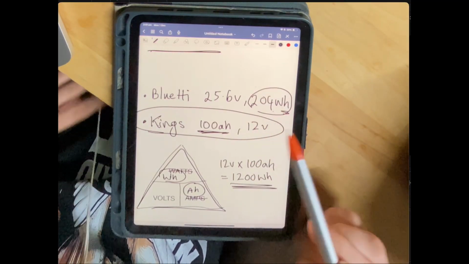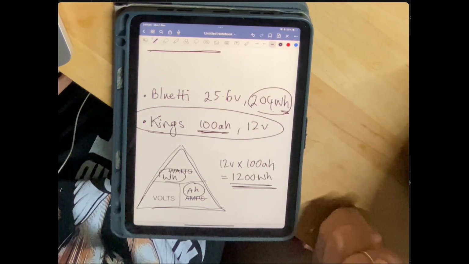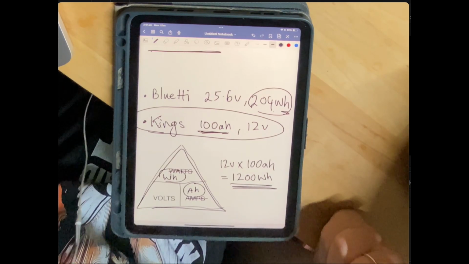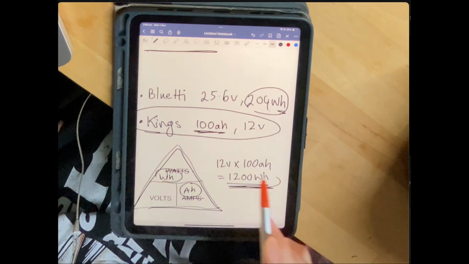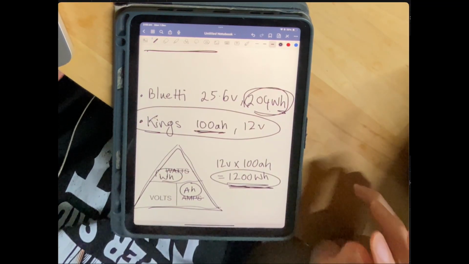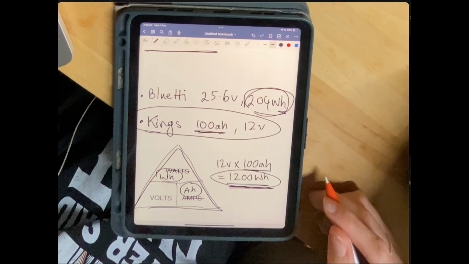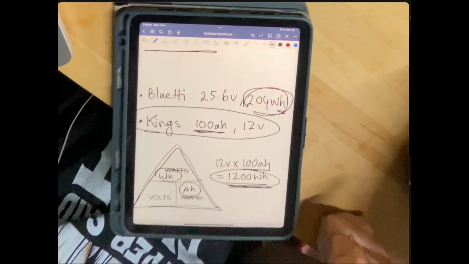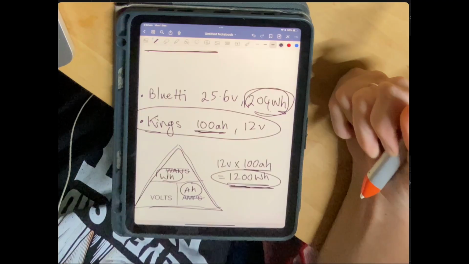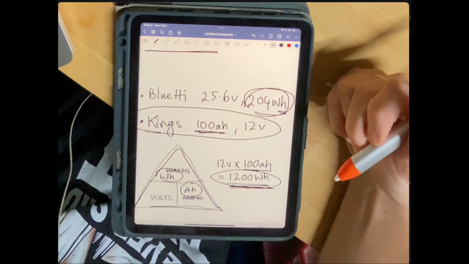So 204 watt hours is probably bigger than 100 amp hours. No, it's not. It is totally different. Watt hours are comparable. That's the capacity. 1200 watt hours is 1200 watt hours. 100 amp hours at 12 volt is not 100 amp hours at 25.6 volts.